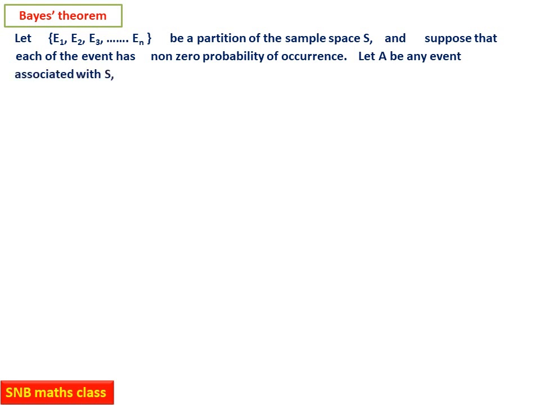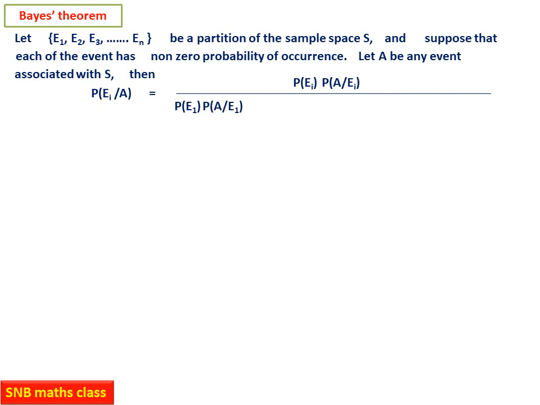Let A be any event associated with S. Then probability of Ei given A is equal to probability of Ei into probability of A given Ei, divided by probability of E1 into probability of A given E1 plus probability of E2 into probability of A given E2, etc., plus probability of En into probability of A given En. This is Bayes theorem.